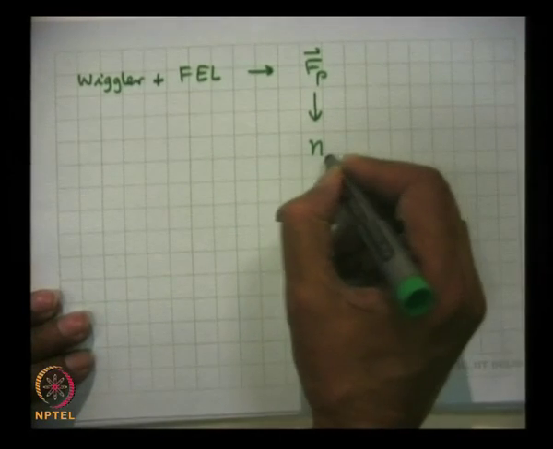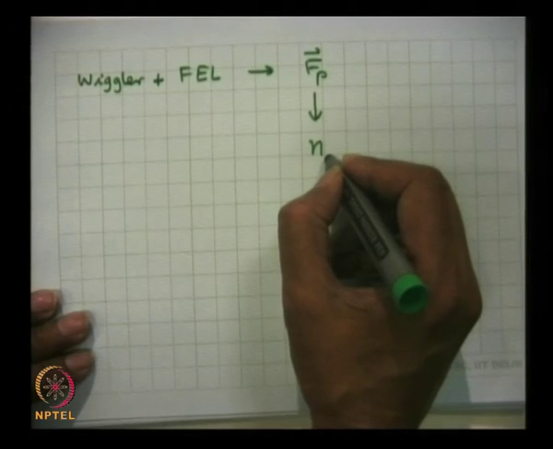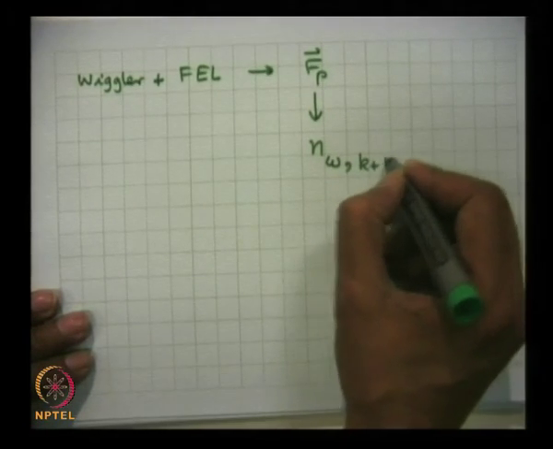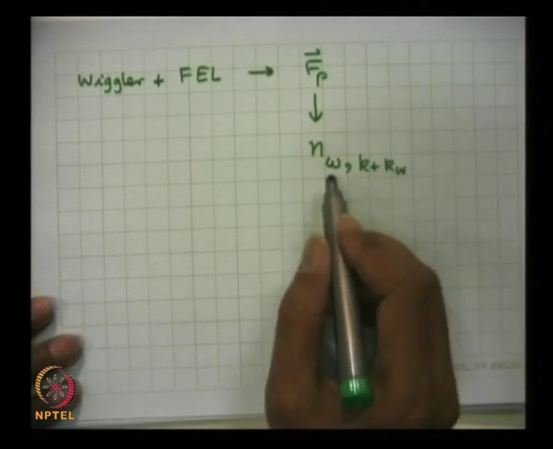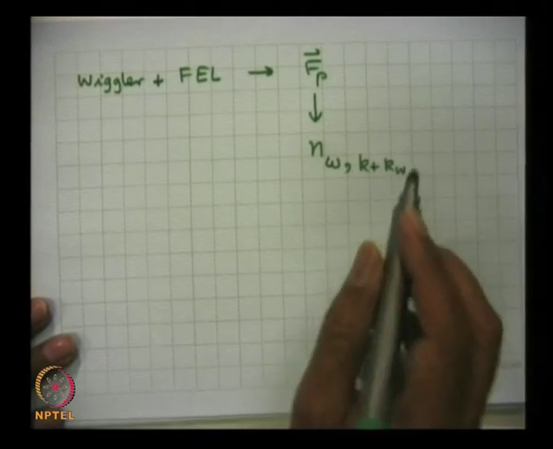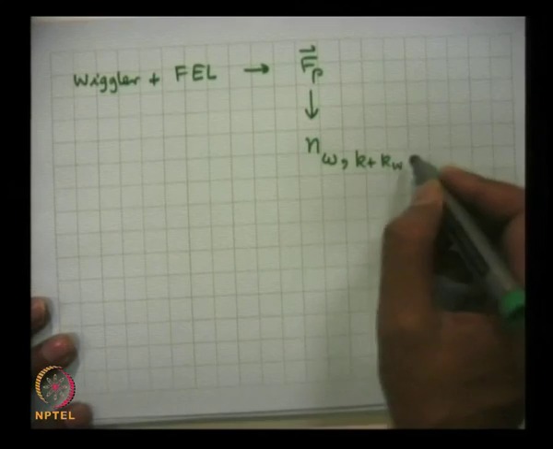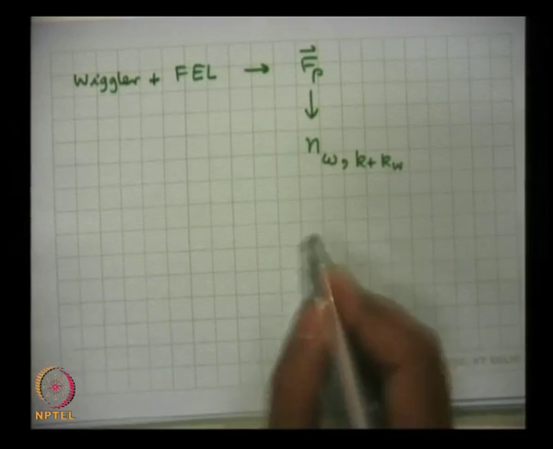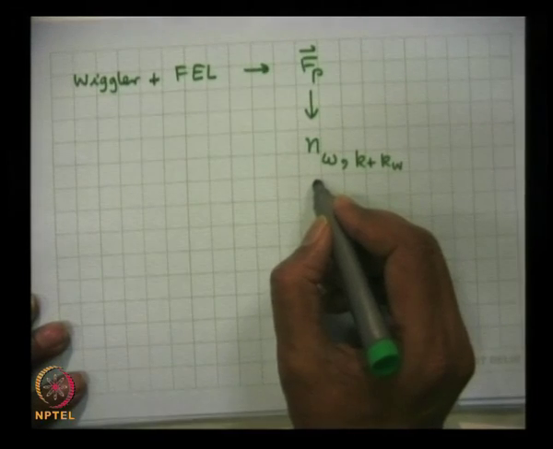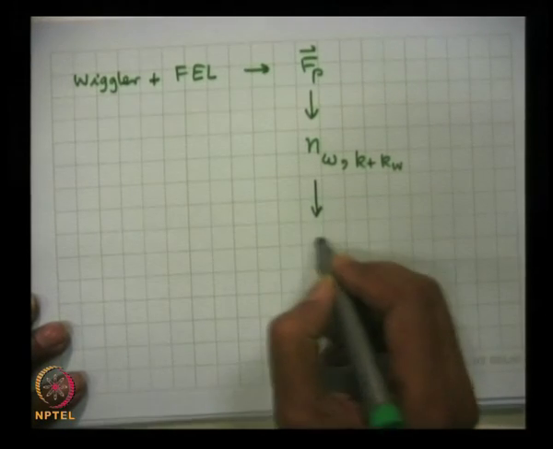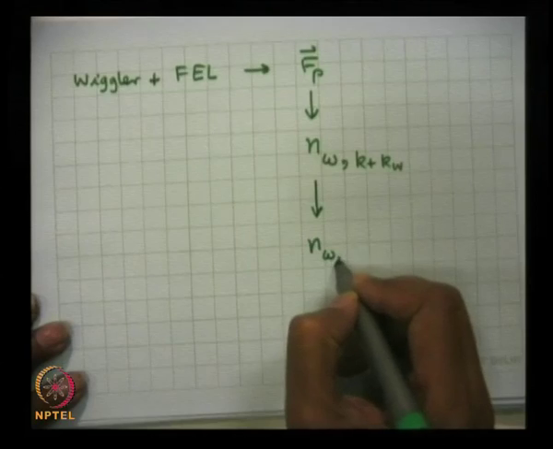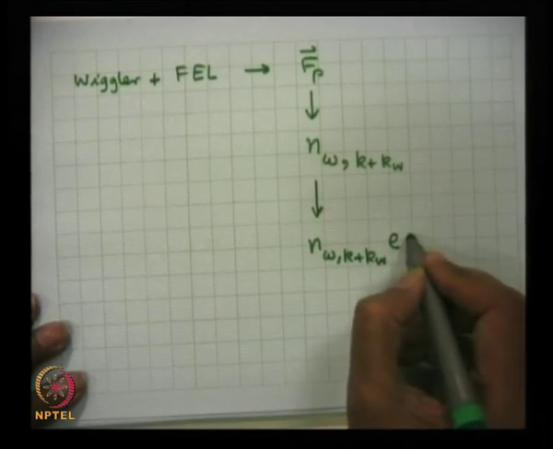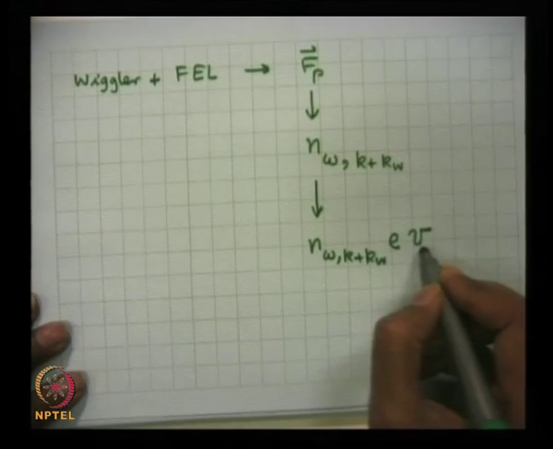So, this produces bunching at frequency omega and wave number k plus kw. And this density bunching produces a strong field, and this gives rise to a nonlinear current n omega k plus kw E into V, the electron velocity due to the wiggler.